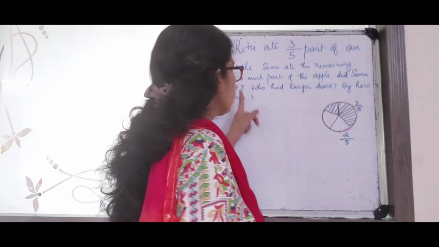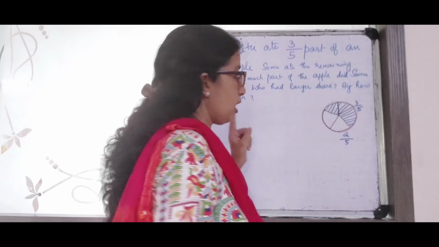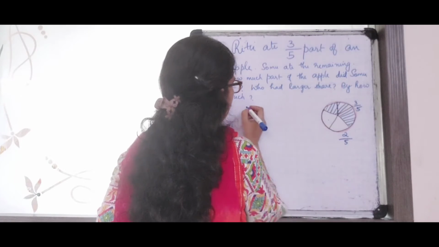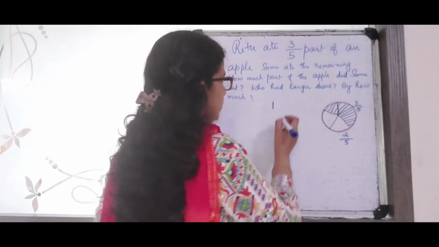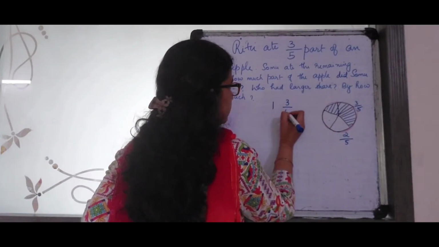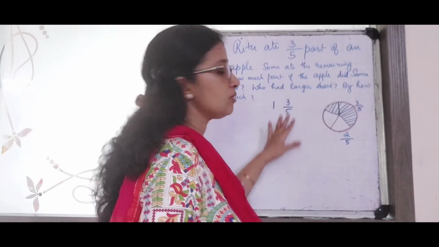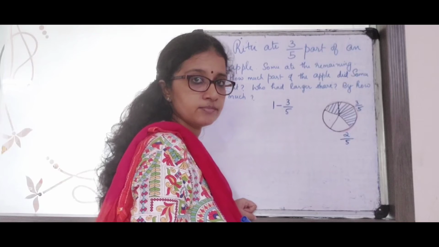Another method is that 3 by 5 of the apple was eaten by Ritu, right? So how can we write? This is the whole apple. So if we take 1 as a whole apple, out of this one, 3 by 5 was eaten by Ritu. So how much is eaten by Somu? 1 minus 3 by 5, correct?